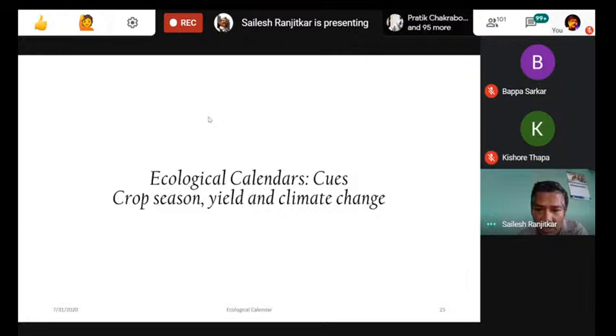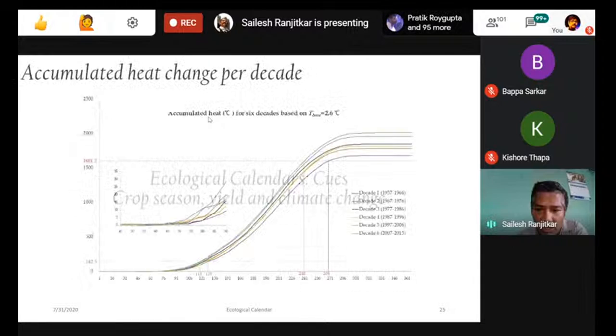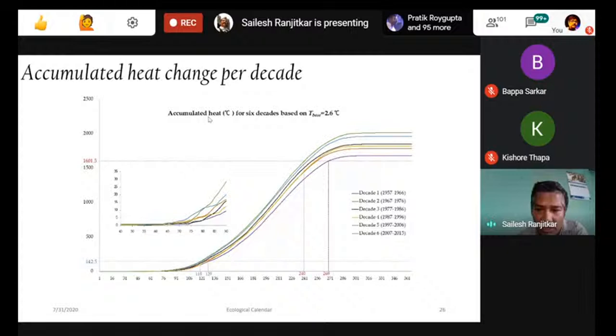Then another cue comes from the crop season, yield, and climate change. So if we plot growing degree days, we developed a growing degree day indicator and tried to link it with wheat production, wheat yield.